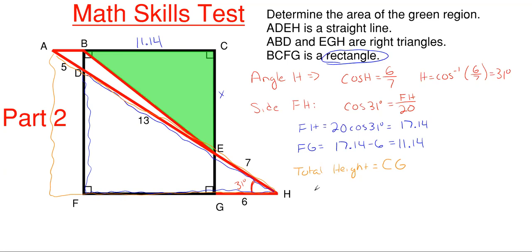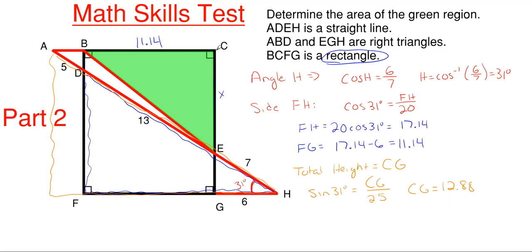Sine of 31 degrees is equal to CG all over this entire hypotenuse, which is 7 plus 13 plus 5, which is 25. Once you rearrange, my CG pops out to be 12.88 units in length.